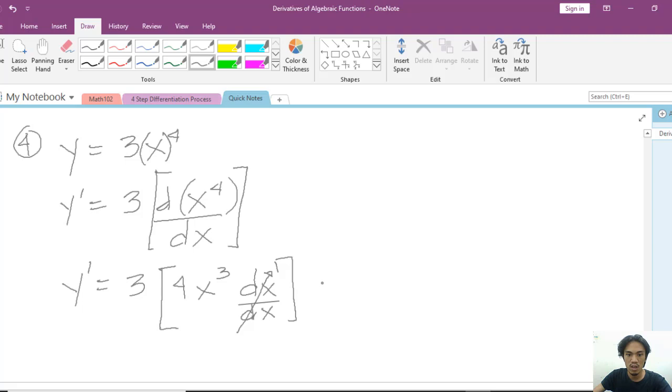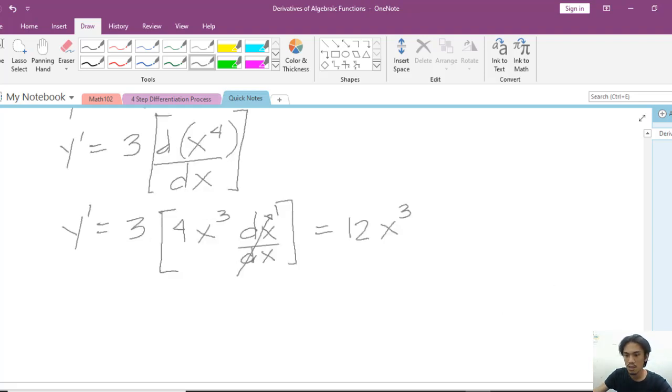We are left with this value. The constant 3 times the constant 4 is equal to 12 times x raised to 3. That is your first derivative.